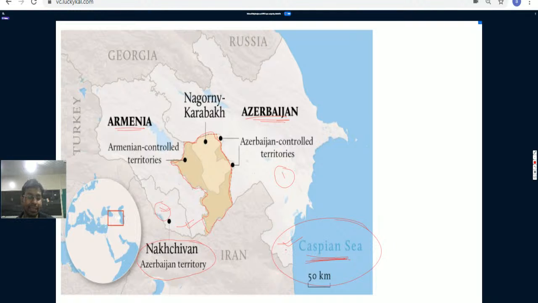Along with that, I will also discuss some recent happenings in the Caspian Sea, because it is bordered by various countries, most of which have conflicts among themselves and wanted to settle them. So they have come into an agreement. We are going to discuss that after this topic. I hope you understood the Nagorno-Karabakh region and the Madrid principles associated with it.